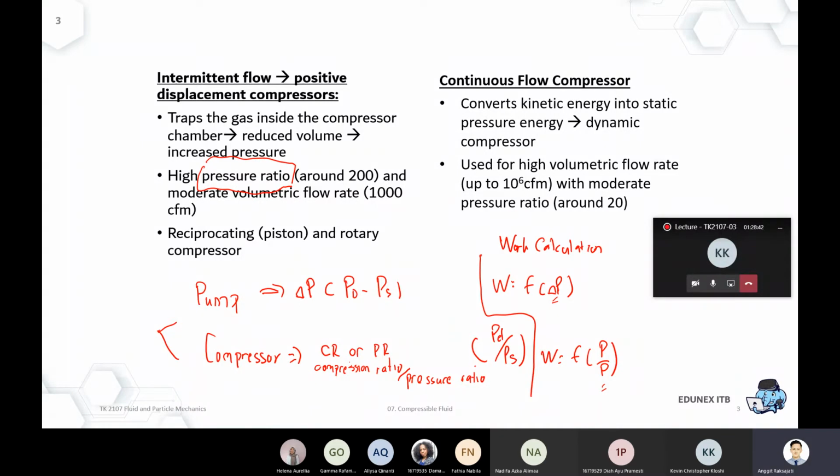Let me go back later to those explanations, but at least now please be aware that in the compressor the important part is the pressure ratio.